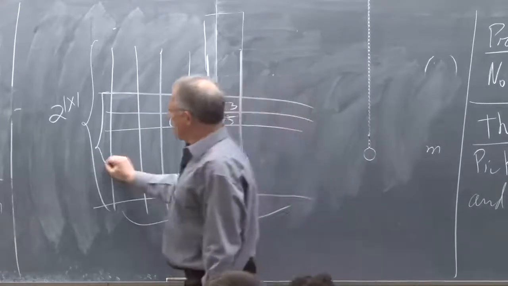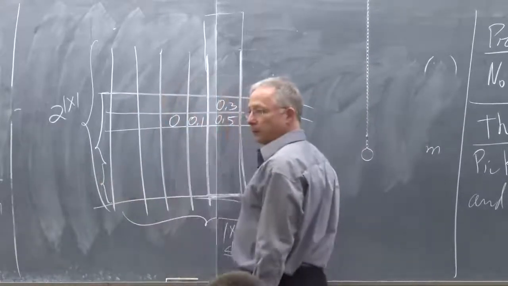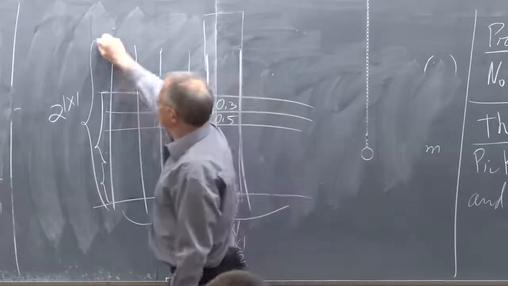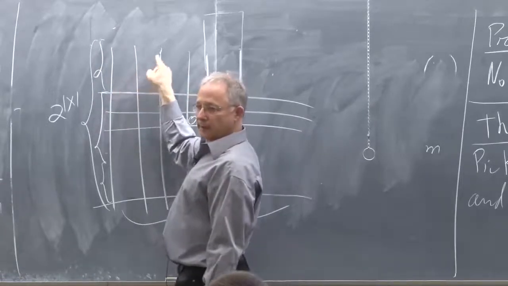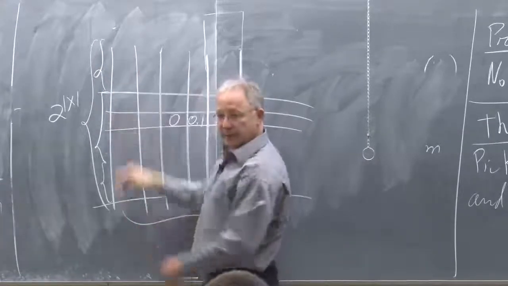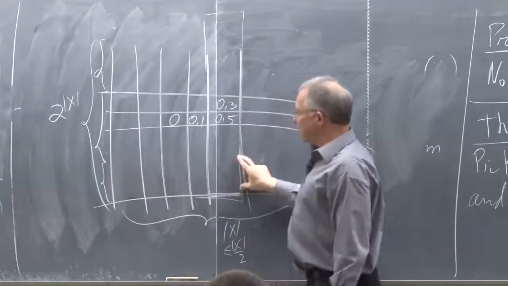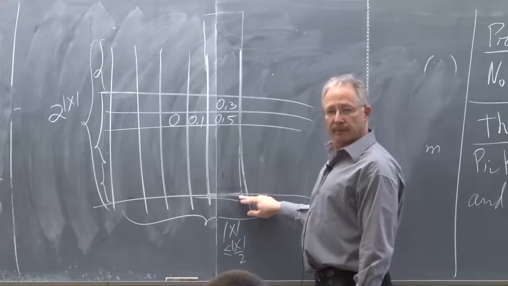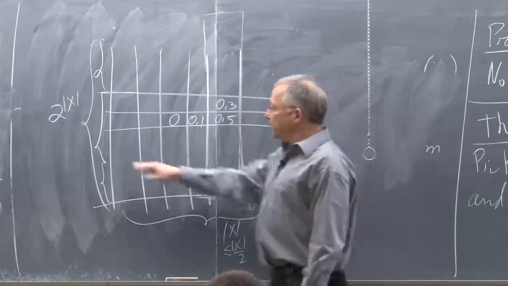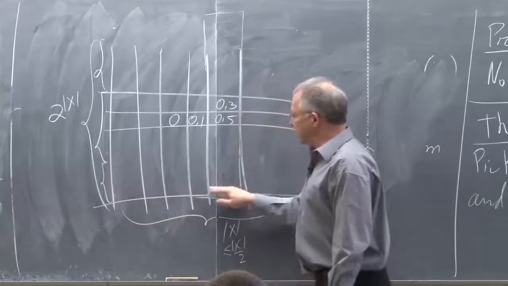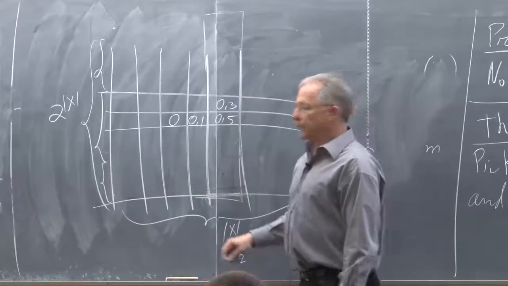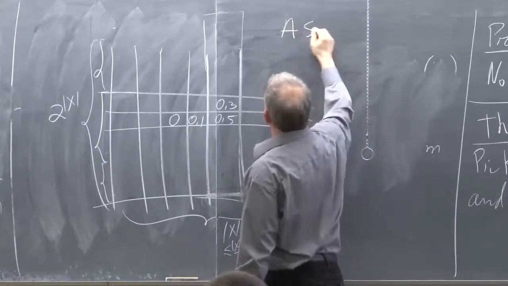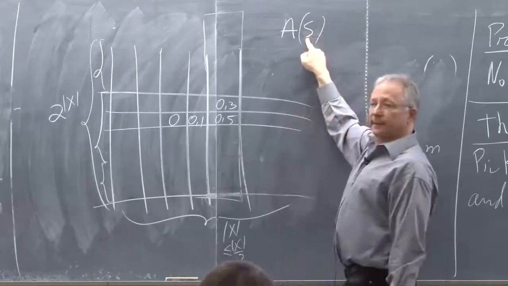There will be functions that give this sample 1, 1, 1, 1, 1. There will be functions that give it 0, 0, 0, 0. There will be functions that give it 0, 1, 0, 1, 0, 1, 0, 1. I will just reorder the functions such that in every block I have functions that all agree on what they say on this sample. If I look at a group of functions that agree on the sample, then my algorithm, when it sees the sample with labels, gets the same input.